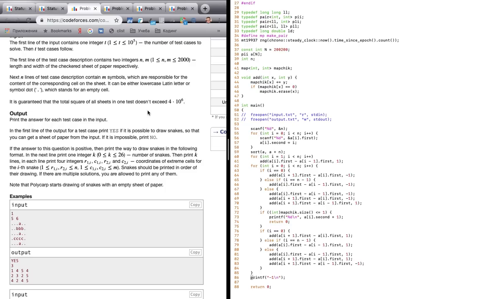We are given a piece of paper on which everything is already drawn, and we are asked to find if this drawing can be described in the statement, and also we can override some places.